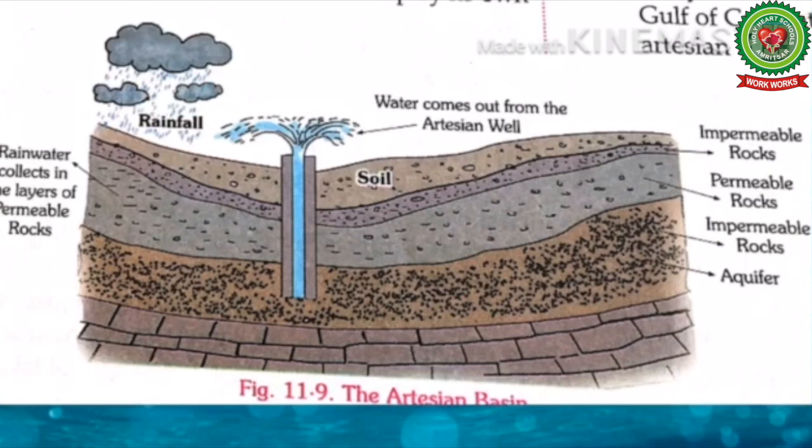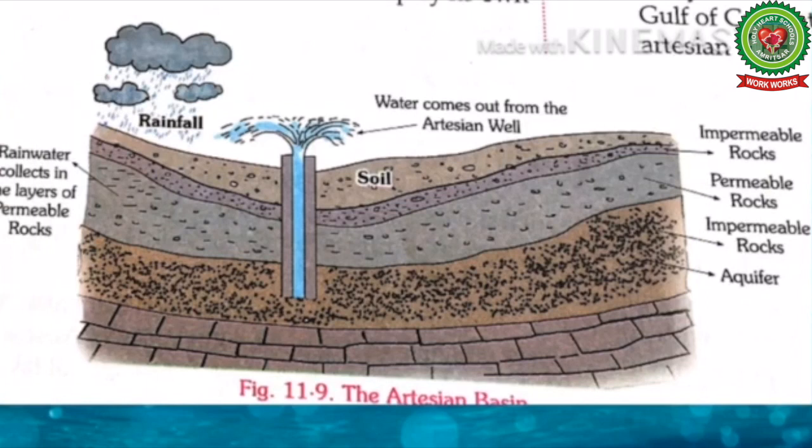By the word permeable rocks, we mean the rocks that allow the water to pass through them, and impermeable rocks means the rocks that don't allow the water to pass through them. It is like a sandwich. One layer of permeable rock and another layer of impermeable rocks.